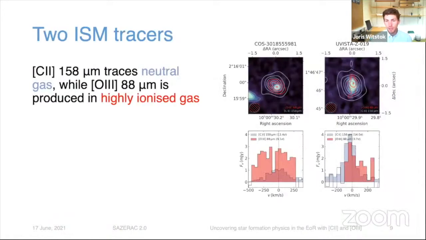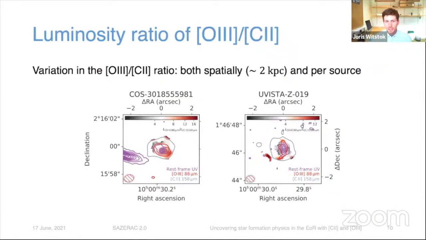So with this sample, we have 2 traces of the ISM. First of all, the existing C2 data traces the neutral part of the ISM, while oxygen 3 is only really produced in more highly ionized gas. As Sander already mentioned, what we can look at then is, for example, the line ratio.